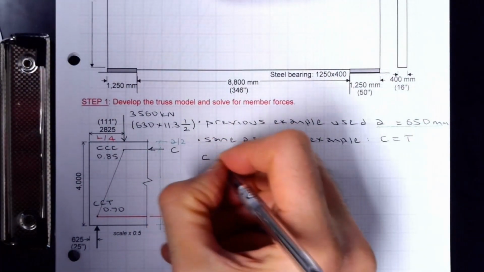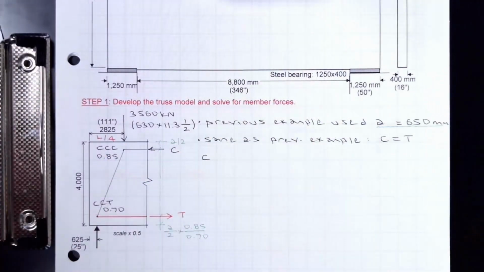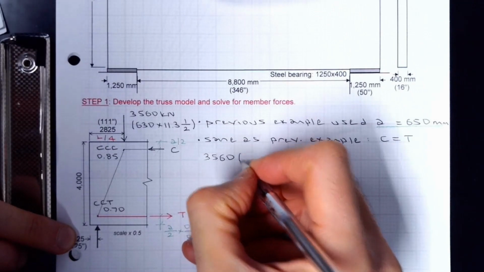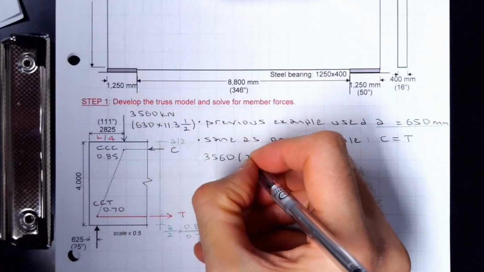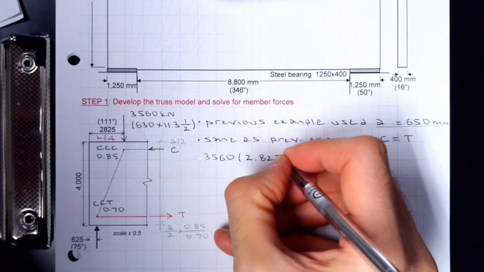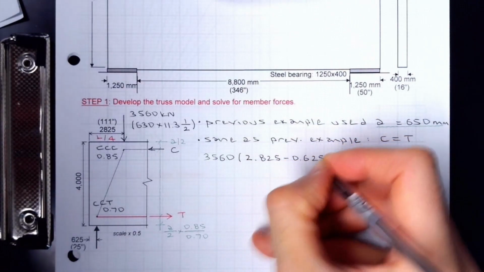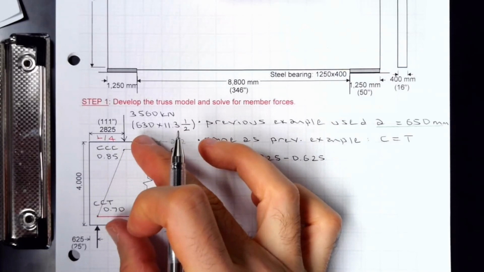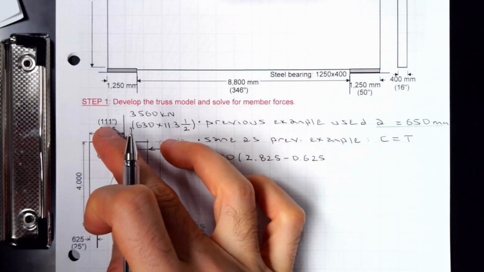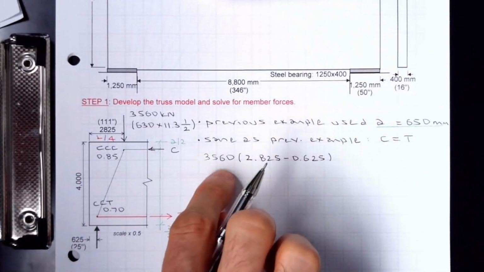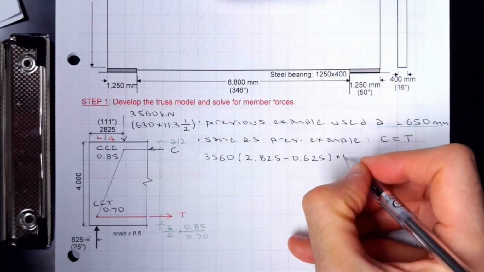So let's just get this done again. Based on this, C equal to T, 3560 times the distance, 2.825 meters minus 0.625. I'm just calculating the moment created by this couple: 111 inches minus 25 inches, that's the lever arm, times the force. It's going to give me the moment.